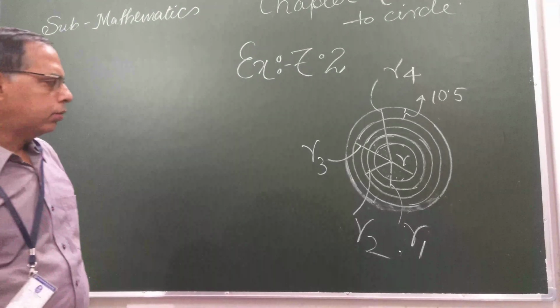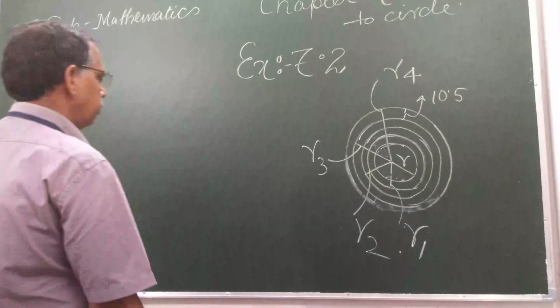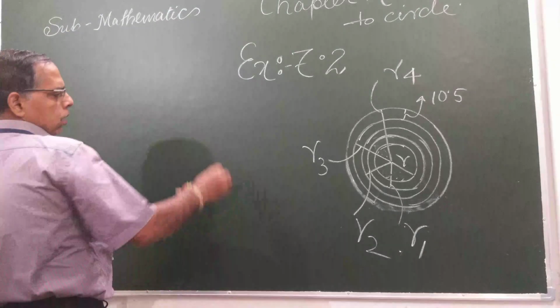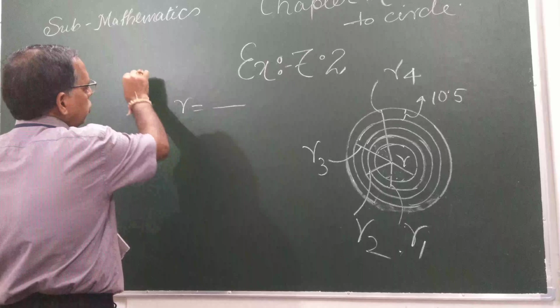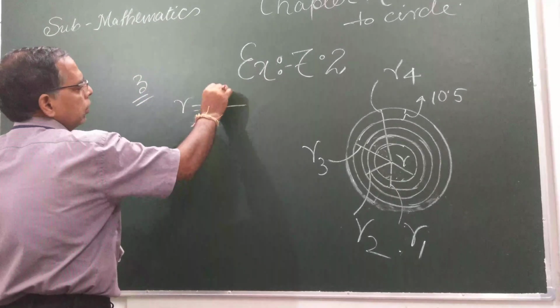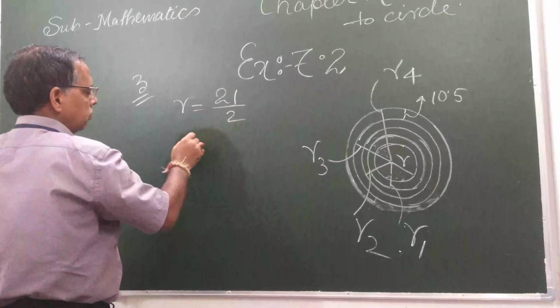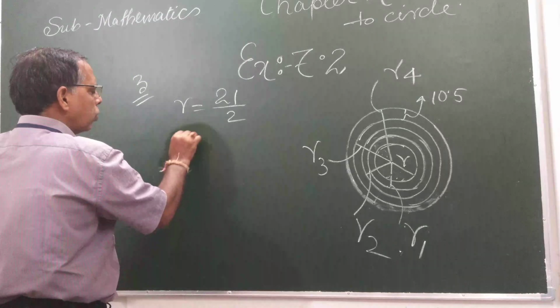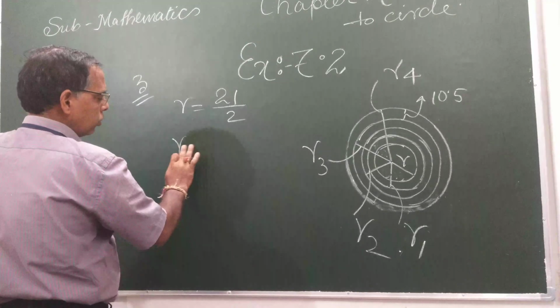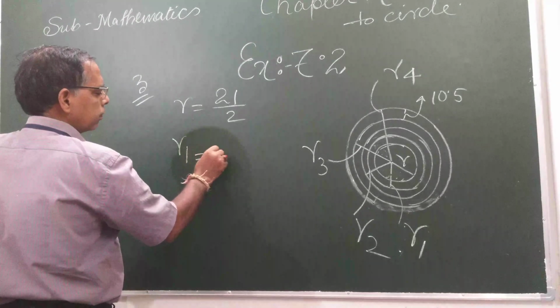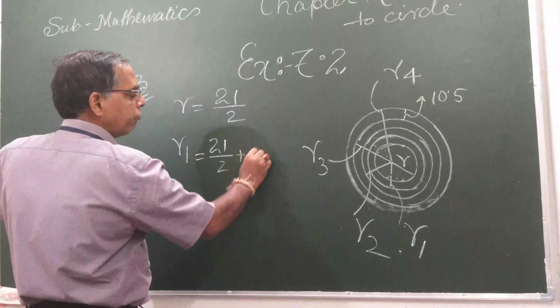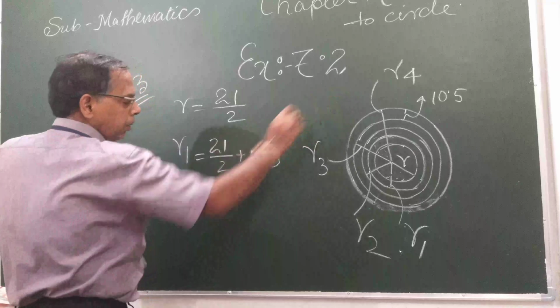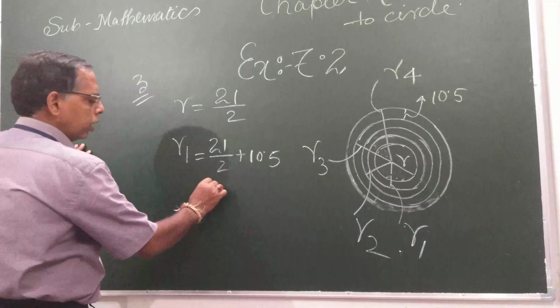Now, what do you have to do? See, according to question number 3, R1 equals 21 by 2. Then R2 equals how much? R1, which is 21 by 2, plus 10.5, because the width is 10.5. So it equals 21.